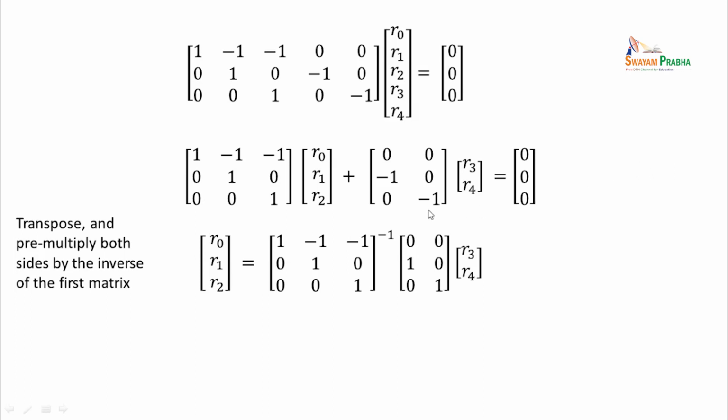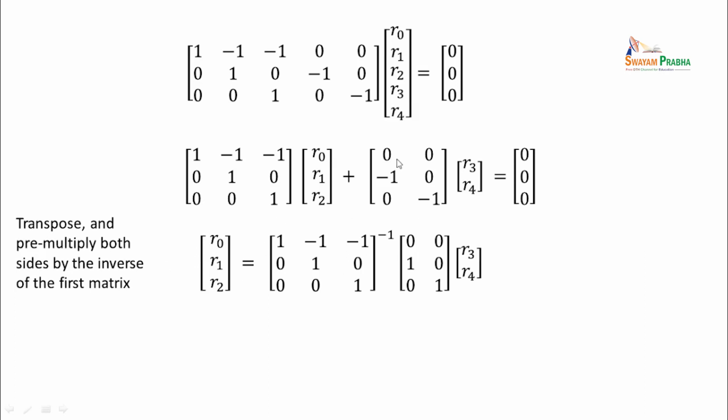So we have transposed this equation, and therefore all the minus ones have become ones, the zeros will remain the same. So this equals this, that's our first step, and then we have pre-multiplied it with the matrix that's the inverse of this matrix, which is this. The inverse times the matrix is a unity matrix, so we are not going to represent that.